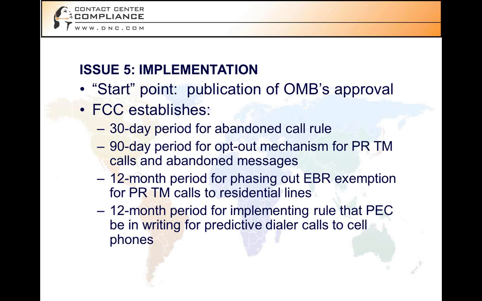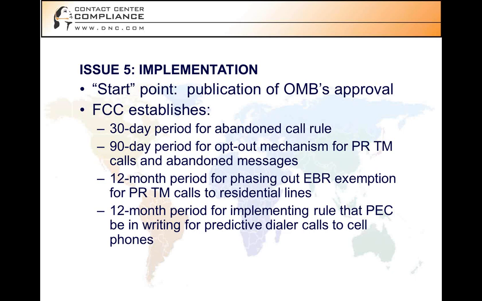I don't really care. I'm just going to be looking at the Federal Register probably every day or so to check when this approval is actually published in the Federal Register. Apparently it has something to do with the Paperwork Reduction Act, but that's just how it is. So that's our starting point, and Ryan and I will, of course, be doing our best to monitor that so that the industry knows when the start point is.